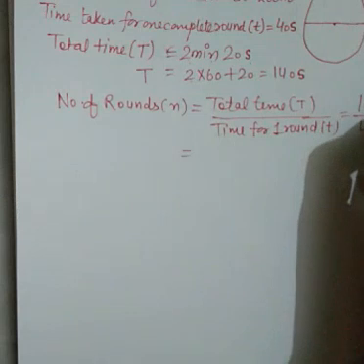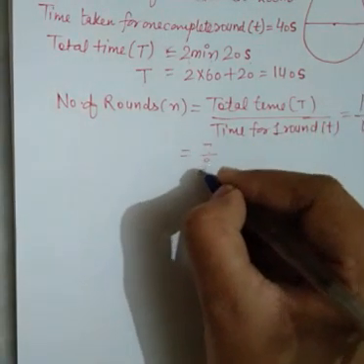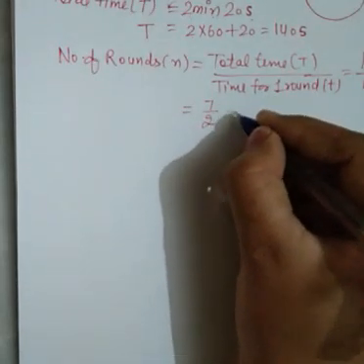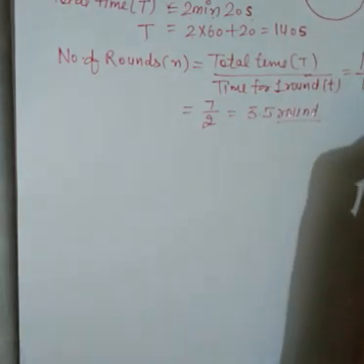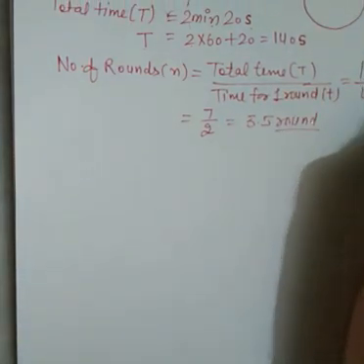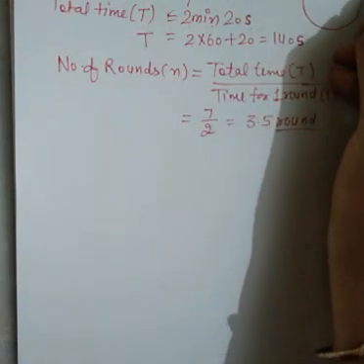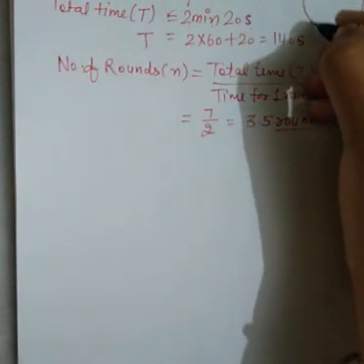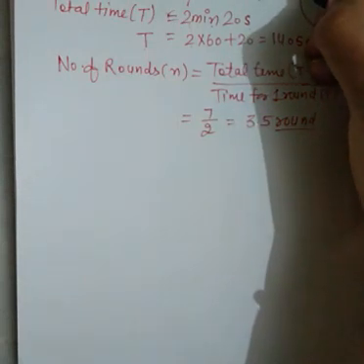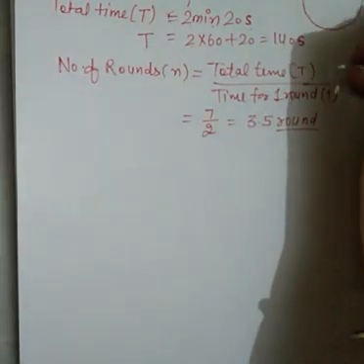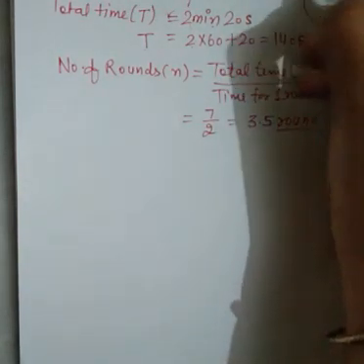Second cancels with second, 0 with 0, 2 4s are 4, 2 7s are 14, so 7 by 2, that is 3.5 rounds. Let it start from this point. It is one round, next 2 rounds, next 3 rounds, next 3.5, ending here. It means from A to B 3 rounds complete, then a half round.